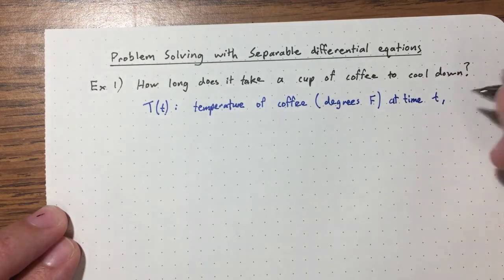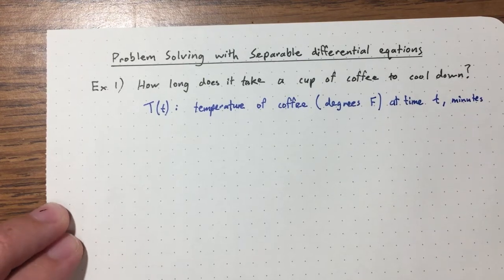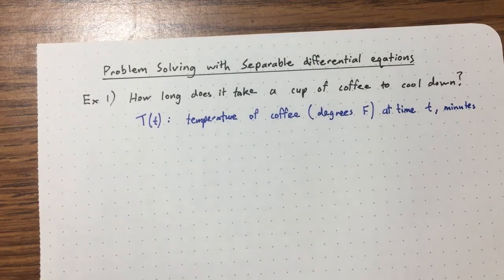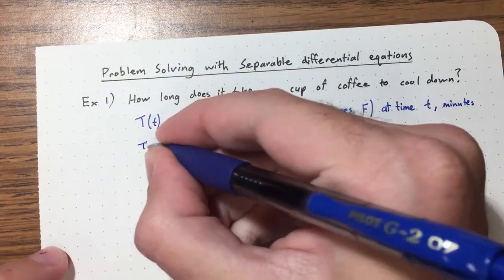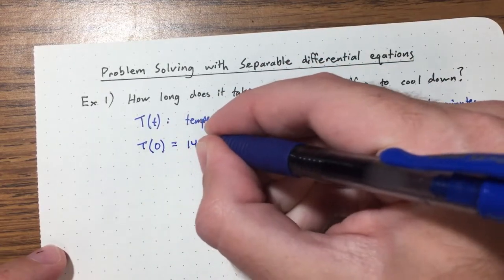where time is measured in, let's say, minutes. Okay, so we also observed that T of 0 is 144.